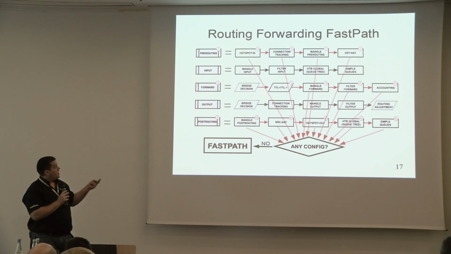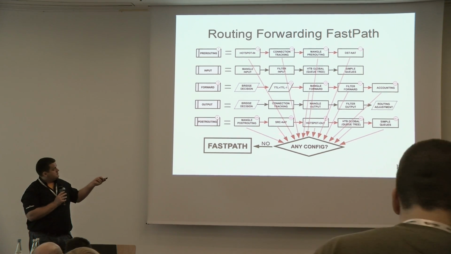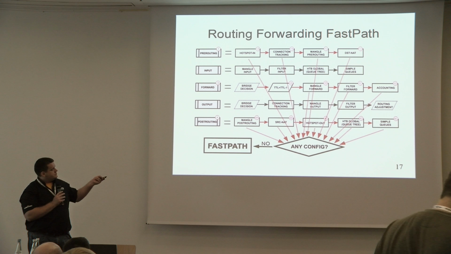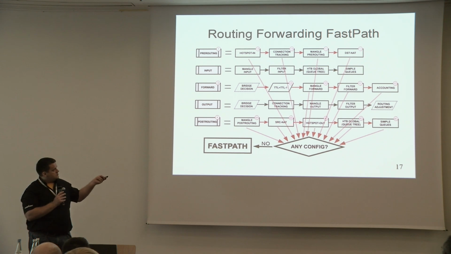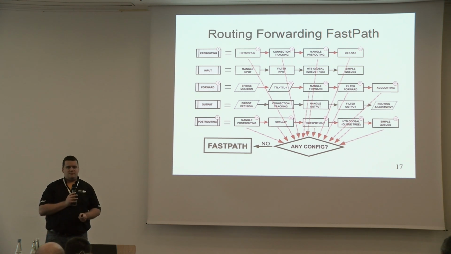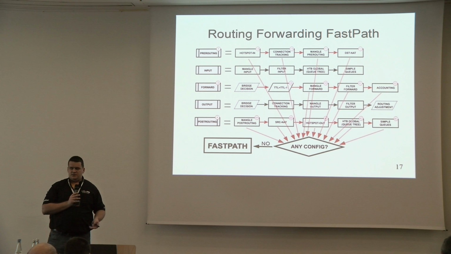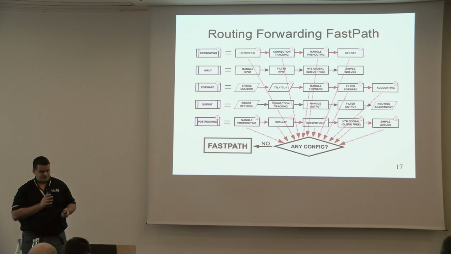For example, if you add a simple masquerade rule, there will be some configuration, and automatic FastPath, this initial FastPath level, will disable itself automatically. So it will just work when it's possible, and as soon as you add some configuration, it will automatically switch to the slow path mode.